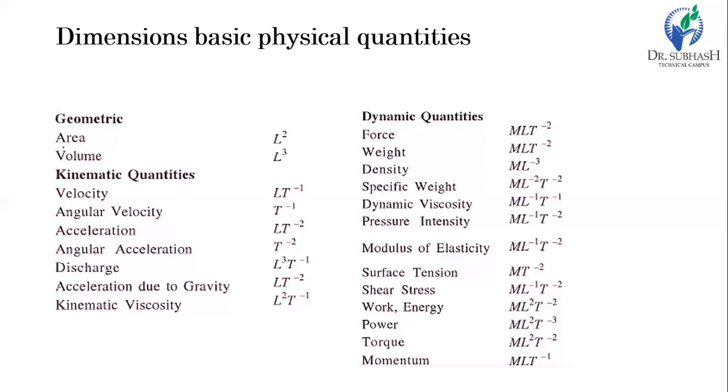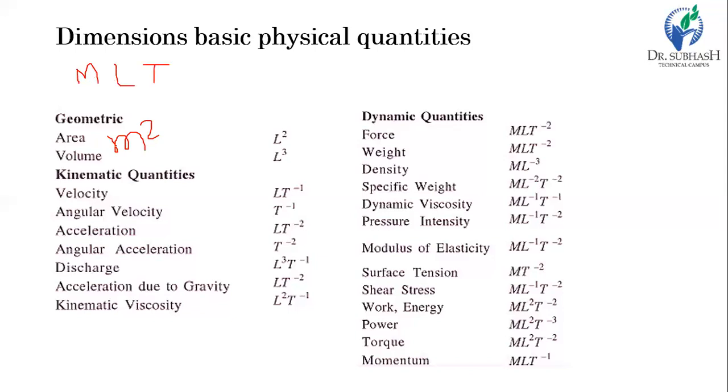So area, we all know, has a unit of meter square. Meter square is 2 times meter. Meter is the unit of length. Here we have to keep in mind all three fundamentals: M stands for mass, kg, L stands for length, and T stands for time.